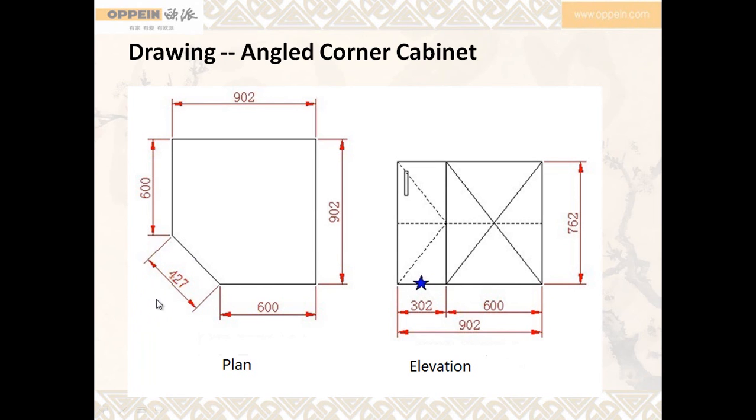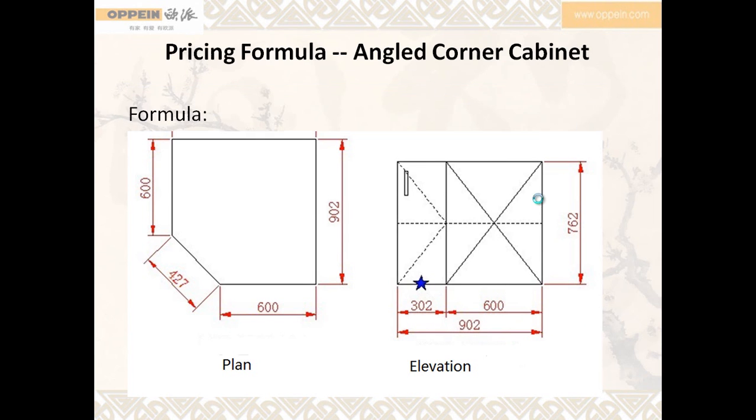Near the bevel edge, both width and depth are 600 millimeters. The picture on the right side is the elevation of angled corner cabinet. Here, you can see the height is 762 millimeters. Figure 302 is the difference between width 902 and 600.